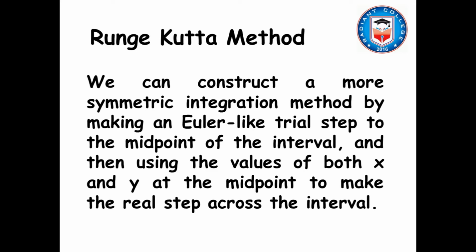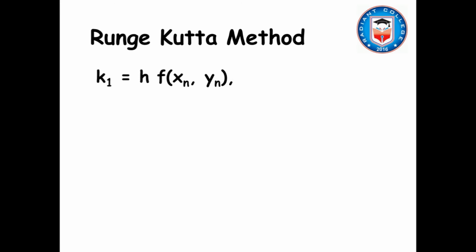step size. So keeping it in our mind, we will declare the first order Runge-Kutta term and call it k1, and that is equal to h times f of xn, yn.